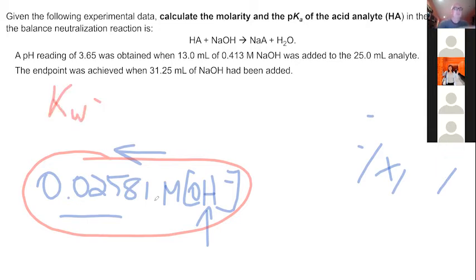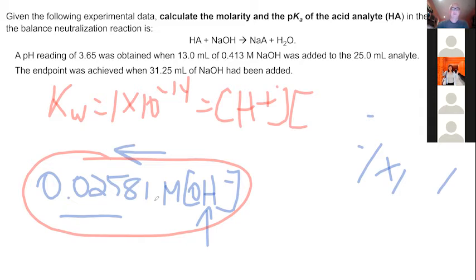KW equals 1 times 10 to the minus 14 equals the concentration of H plus times 0.02581 molar. So what's going to be my concentration of H plus? It's going to be small.